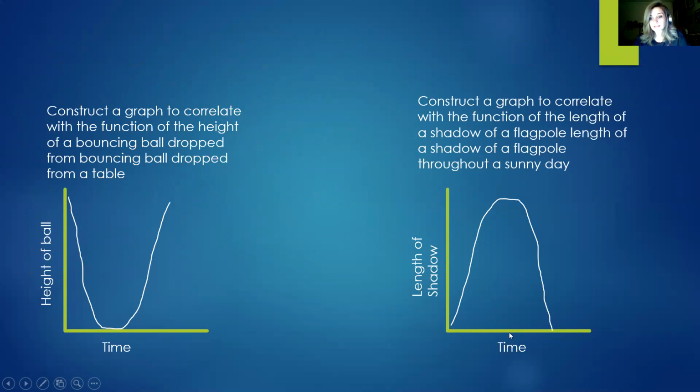With time, let's say this is noon right here in the center, the shadow would be longest during noon, and then it would fall during the evening and sunset and nighttime, and then we would restart it again. Same with the ball. If the ball bounced again, it would drop again. It wouldn't come as high, but it'd do another parabola, and maybe if we started from the table again, it would do the same pattern.